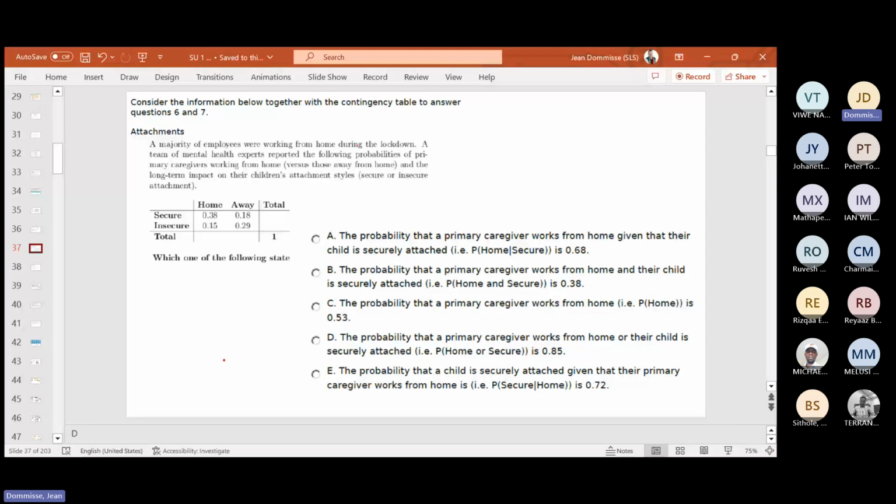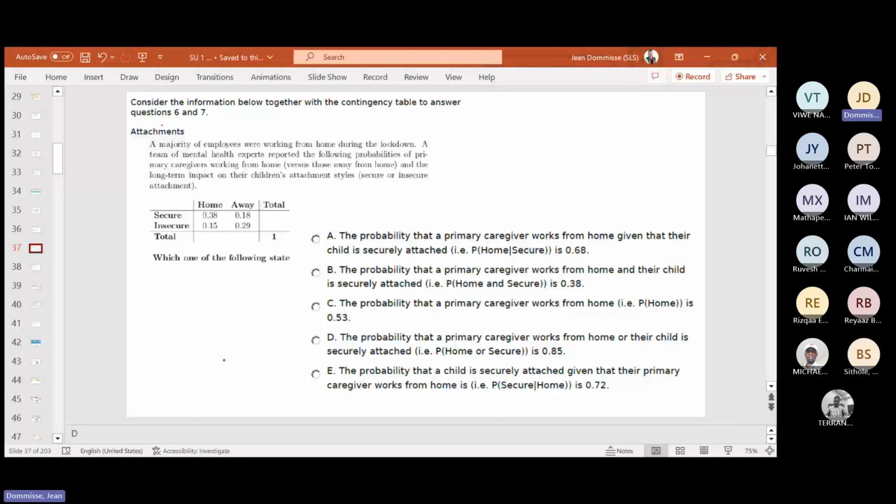So let's look at what they're asking in this instance, because I don't know if you guys have seen a question like this before, where they actually give it in a probability format already and then ask some questions. And again, this was out of a previous exam paper.